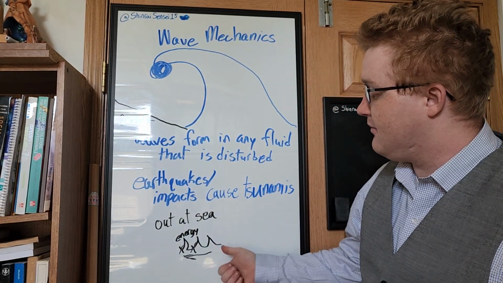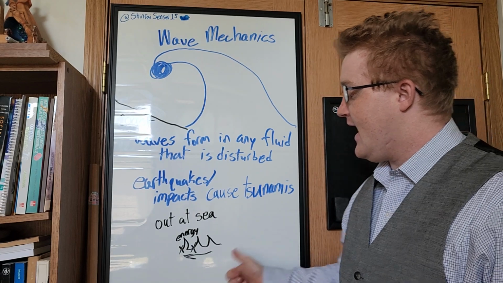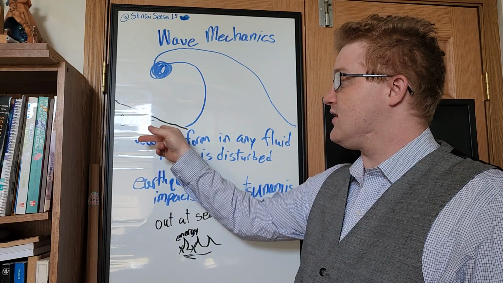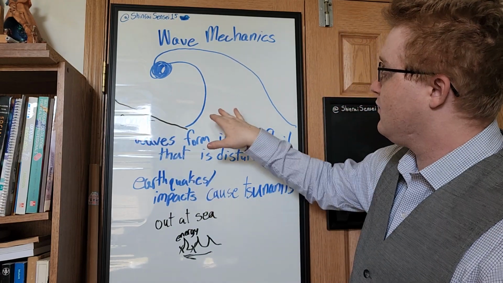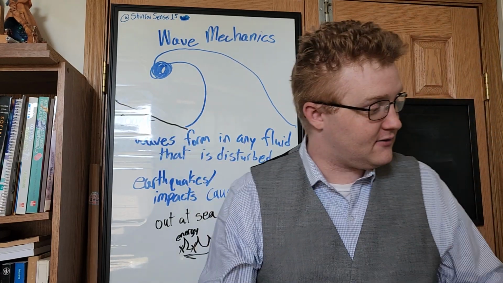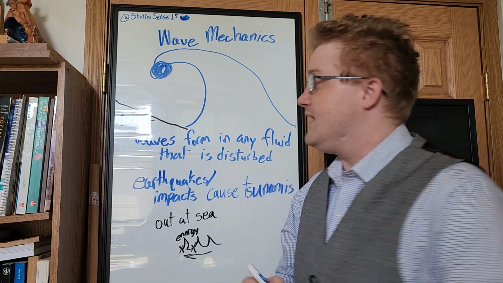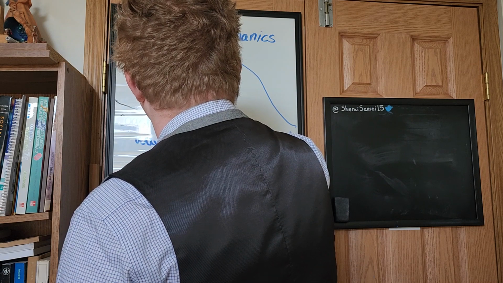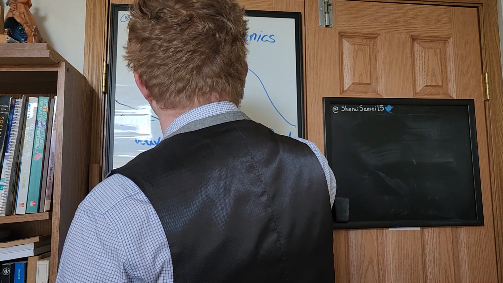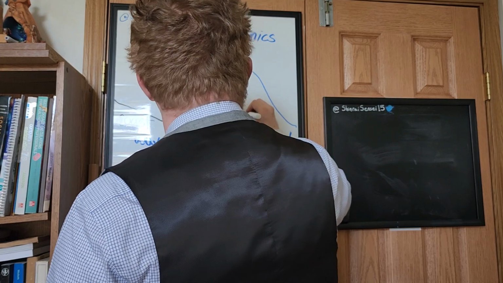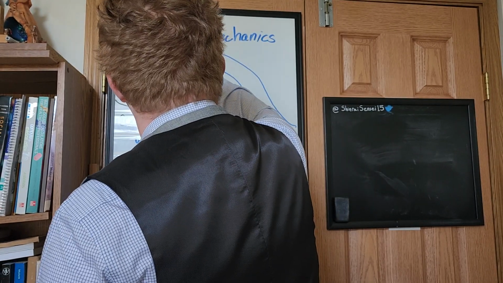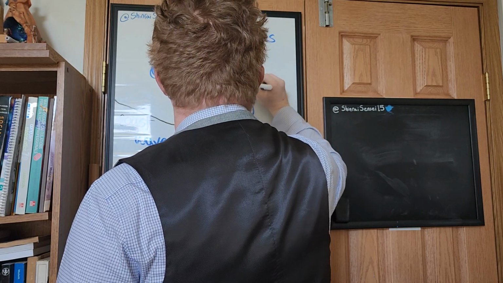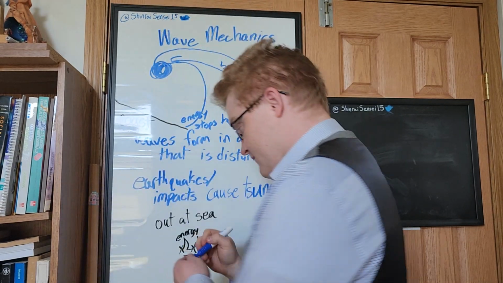It's not until it reaches a major obstruction that is the end of that fluid, either a more dense fluid or a solid surface like a coastline, that the energy stops right here, right? And so when the energy stops here, it builds and goes over here. It builds here, right?